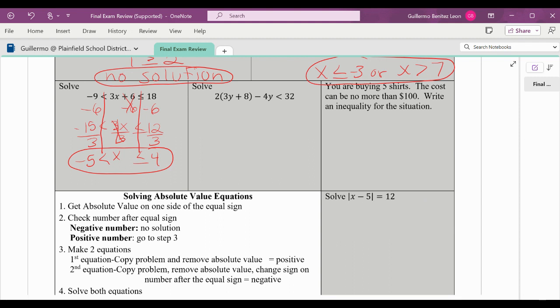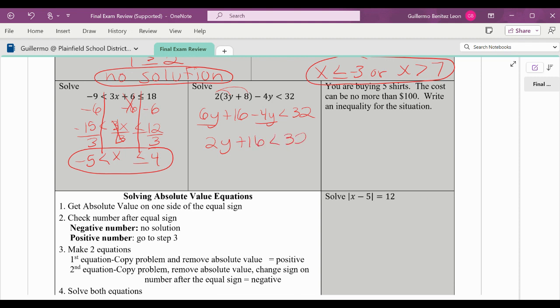Next one is just a regular inequality. So I'm going to start by distributing. 2 times 3y is 6y. 2 times 8 is 16. Bring down everything else. Combine like terms. I have two y terms and they're on the same side, so I can combine these. 6 minus 4 is 2y.